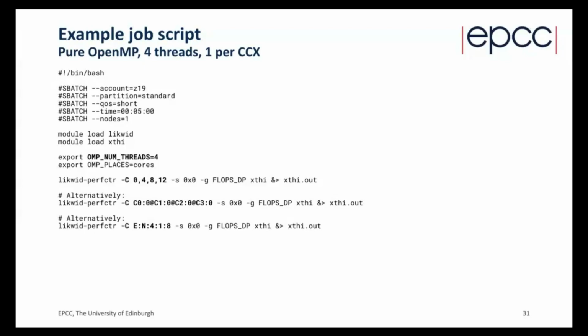Then, using a slightly more varied example, we can use likwid-perfctr most easily, rather than likwid-mpirun, to do more varied placement. For example, we know that the 4 cores in the CCX share an L3 cache. What we can do is to take 4 threads in total, put each thread on the first core of the CCX so that none of the threads share an L3 cache.